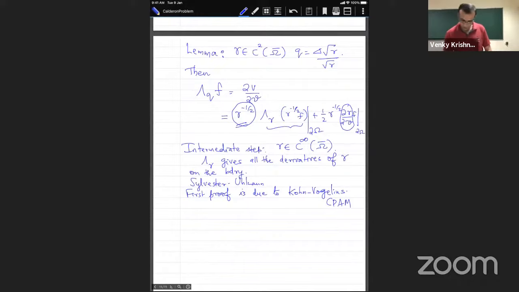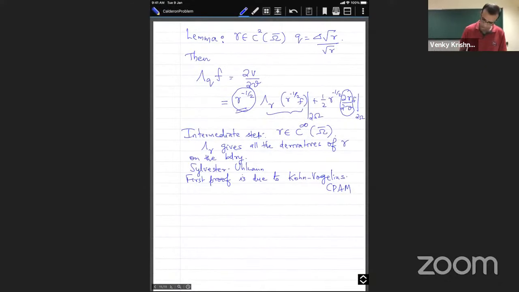Because from the Dirichlet-to-Neumann map, that is from this Lambda_gamma, you can determine all the derivatives. For C2 you can determine d gamma/d nu as well as gamma at the boundary. Therefore, we have the Dirichlet-to-Neumann map corresponding to the Schrodinger equation. It's not quite enough, but we will first focus on this problem.